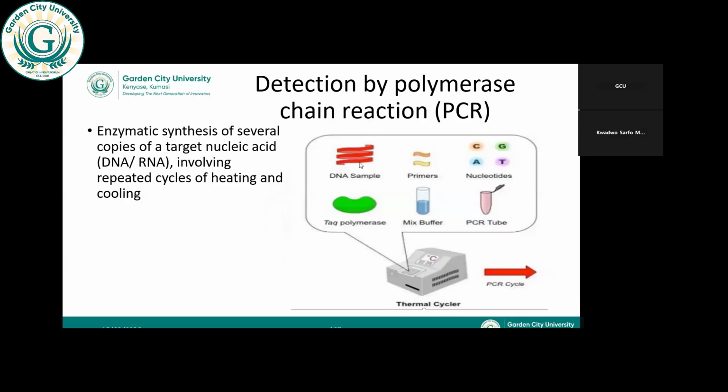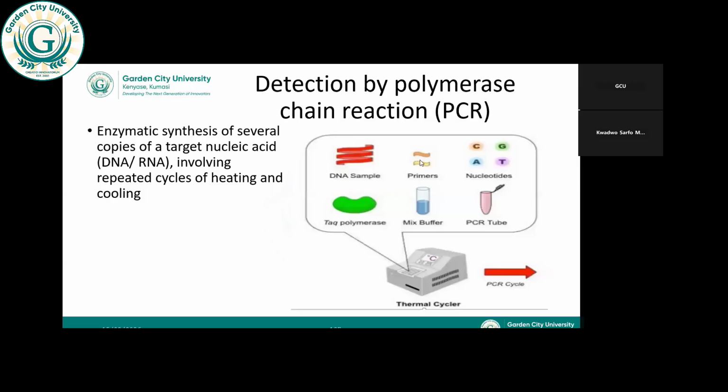So you take sample or specimen from the patient or the client, and if the person has the virus, you extract DNA or RNA of the virus, and you add components such as the primers. Primers are designed to bind to the target DNA or RNA. So they are specific. We have primers for HIV, we have primers for rabies.